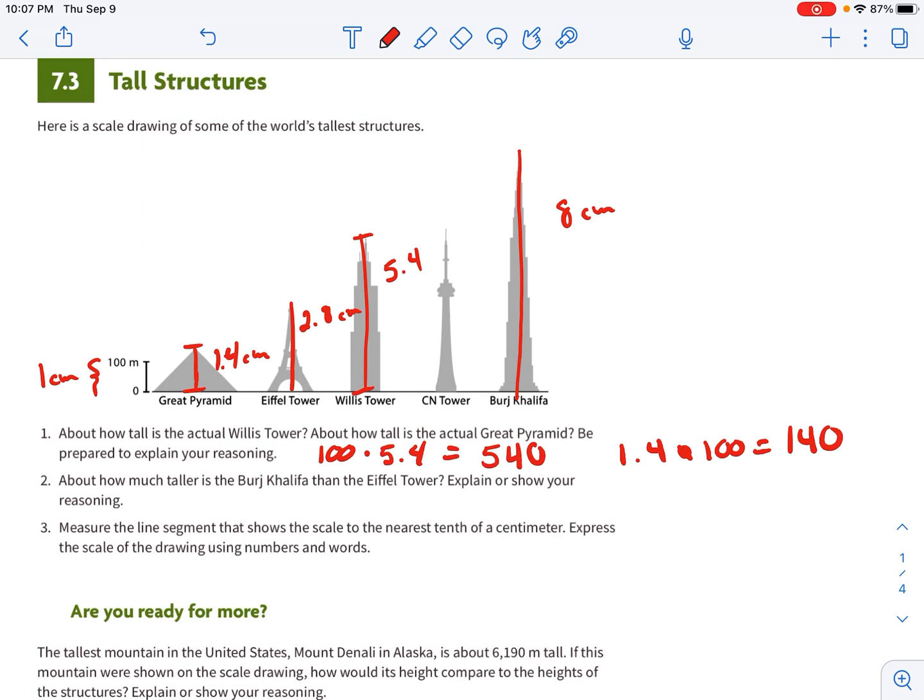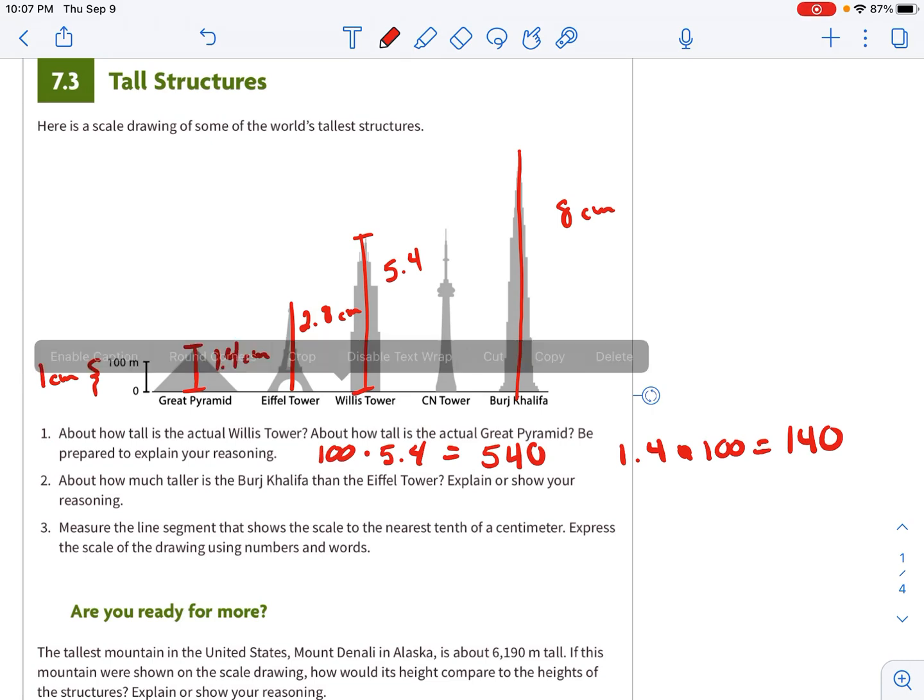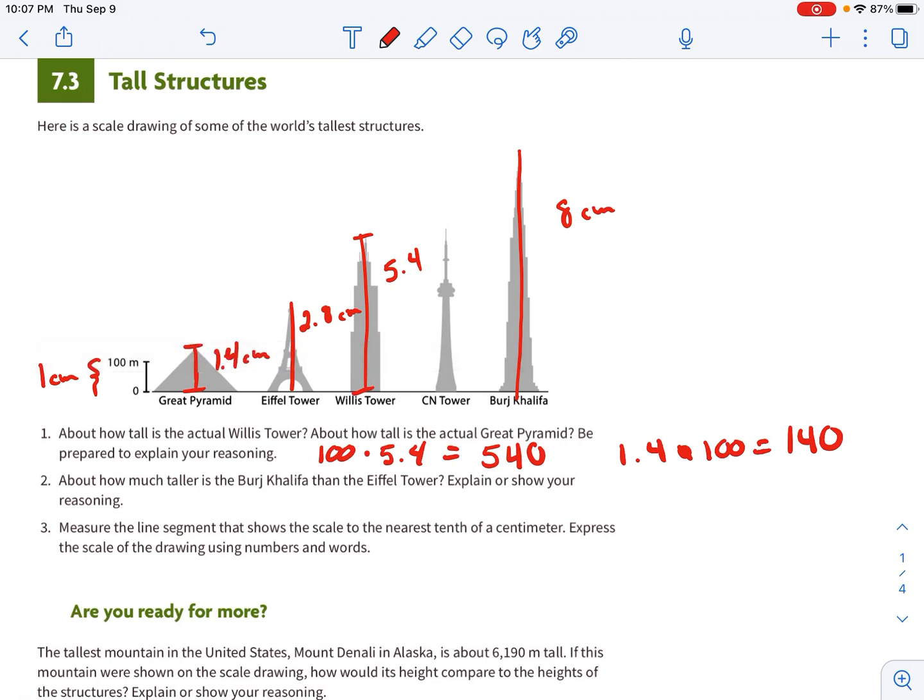We're going to do the same thing for this next question, but this one is comparing two measurements. It says, about how much taller is the Burj Khalifa than the Eiffel Tower? Explain or show your reasoning. We know the Burj Khalifa is 8 centimeters in this drawing, so we multiply 8 times 100 to get 800 meters.